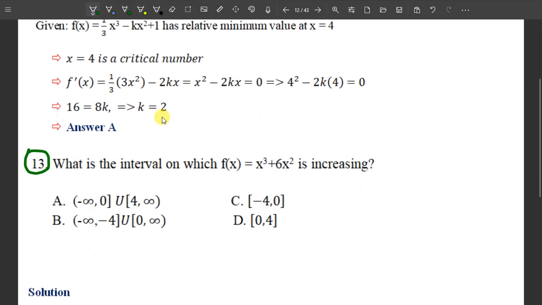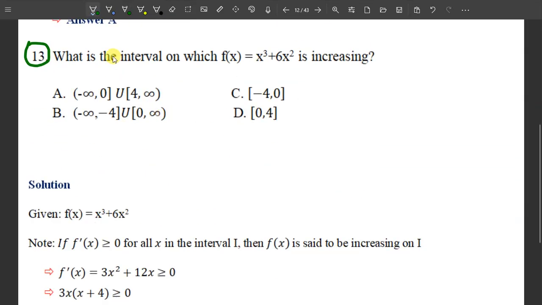And the last question is, here is what it says. What is the interval on which f of x is equal to x cubed plus 6x squared is increasing? We say here, suppose that f is continuous on an interval I. Suppose f is a continuous function on an interval I. Let us abbreviate like this: continuous on I. This is the interval on which f is continuous.